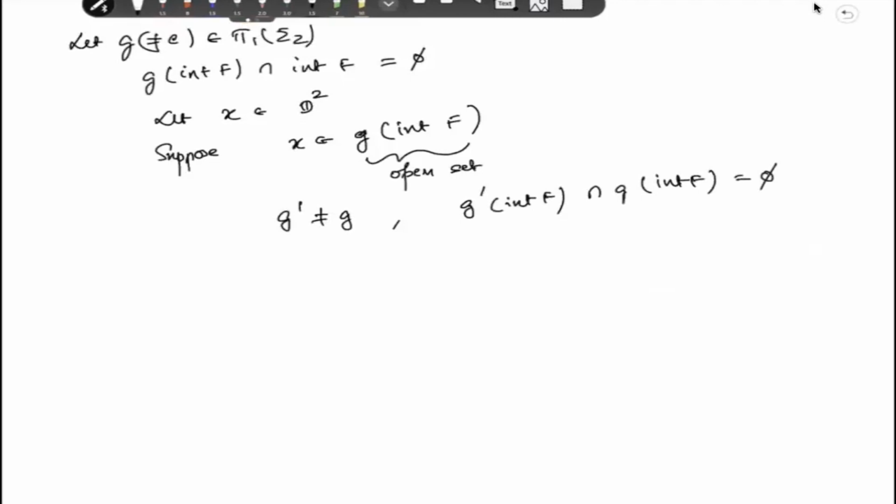Therefore, this will imply that pi 1 of sigma 2 acts on D2 as a covering space action.